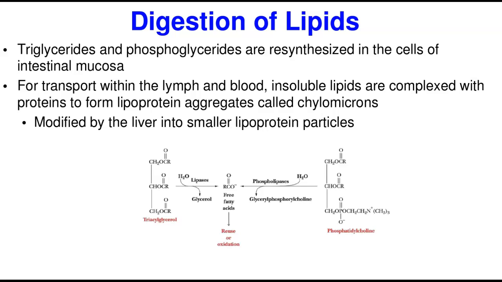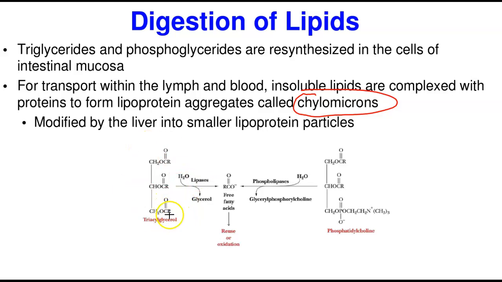Now, for transport within the lymph or the blood, the lipids are very insoluble in the aqueous blood environment. So what do they do? They are complexed with lipoproteins to form chylomicrons. Chylomicrons are the lowest density lipoproteins. Now these lipoproteins are further modified into other lipoprotein particles, and they are carried to the cells that need them for metabolism.